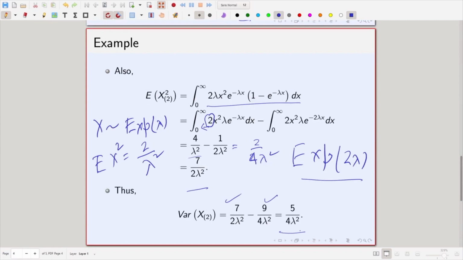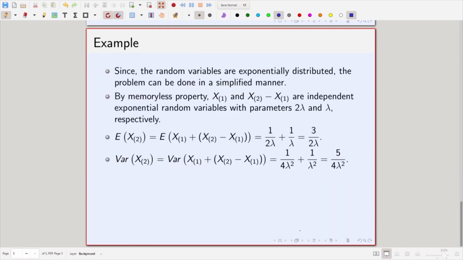So using this theorem in the first slide, we get this mean and variance of the maximum of two independent and identically distributed exponential random variables with parameter lambda. But now we have already seen that exponential random variables are somewhat special. Now it turns out, again, this is the general method.